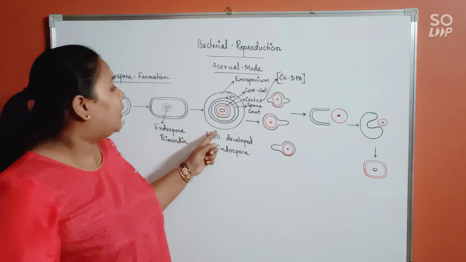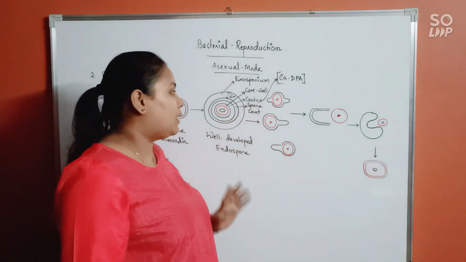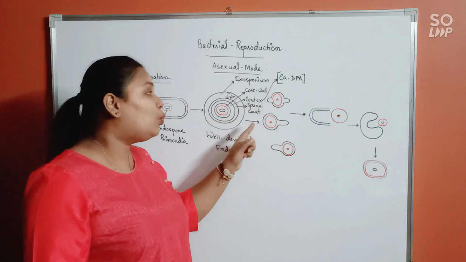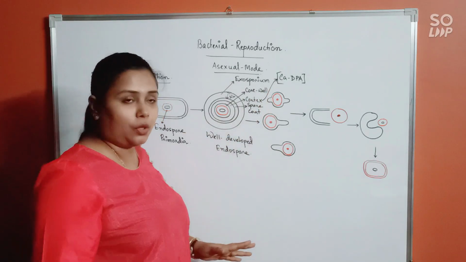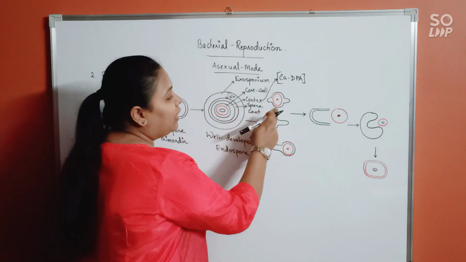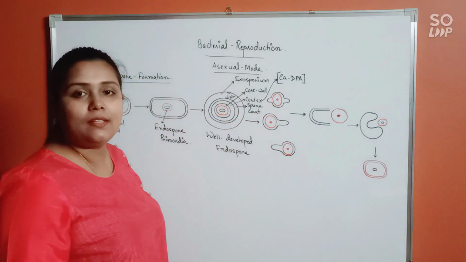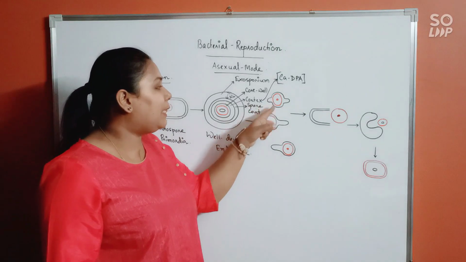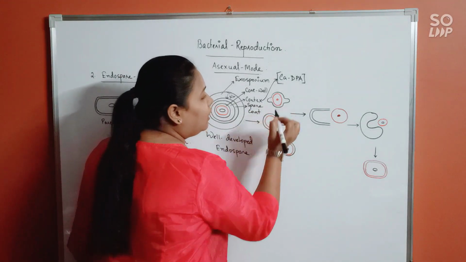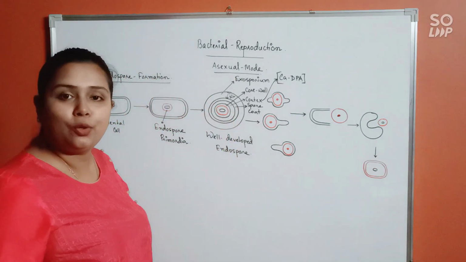Next, here you can see I have made the diagram of certain bacterial cells with well developed endospore. The endospore being such a massive structure, whenever it is formed inside a bacterial cell, that part of the bacterial cell will swell up. So these red colored marked circles are all endospores.